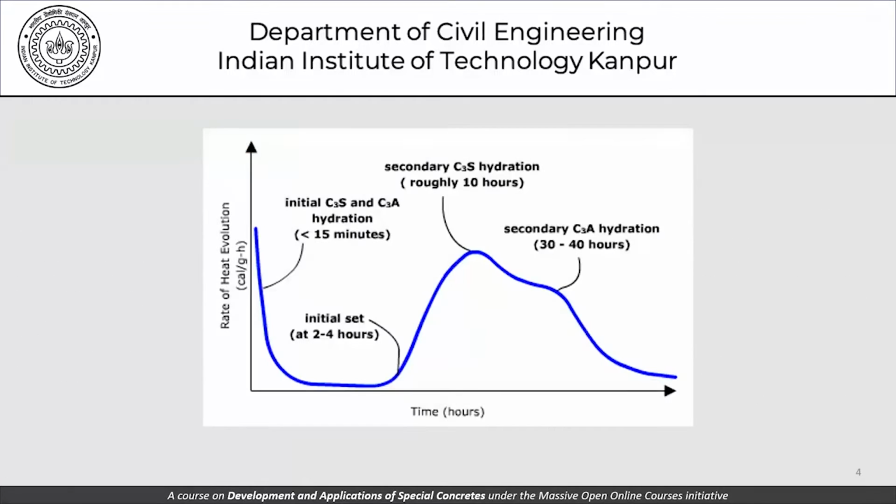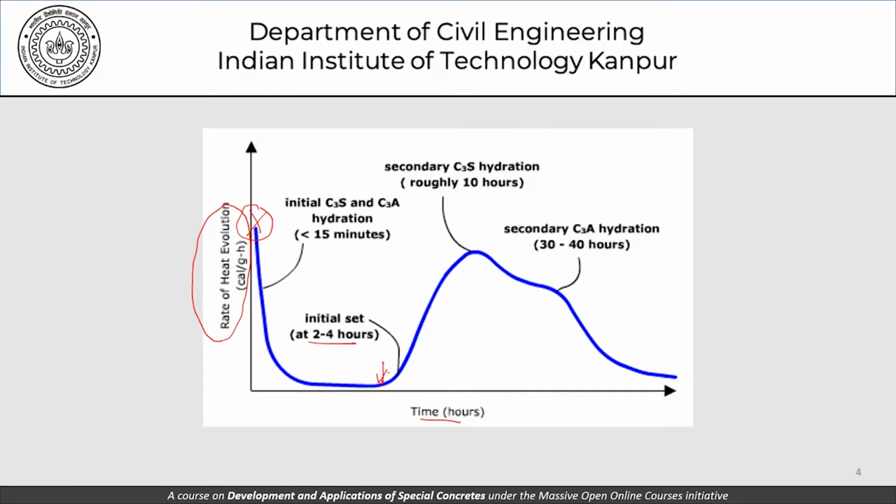Moving forward, this picture shows the rate of heat evolution over a period of time after the cement has been brought in contact with water. There is a large number here which goes down, and initial set comes in somewhere here.